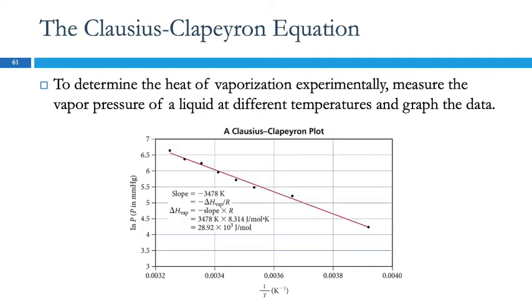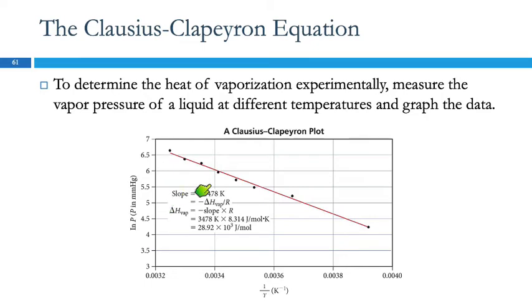So here's an example. Here we have the natural log of pressure graphed versus 1 over the temperature, and here are the dots, and yes, indeed, they are following a linear trend there, and so, using linear regression like we've done in lab, you can get the slope of the line.